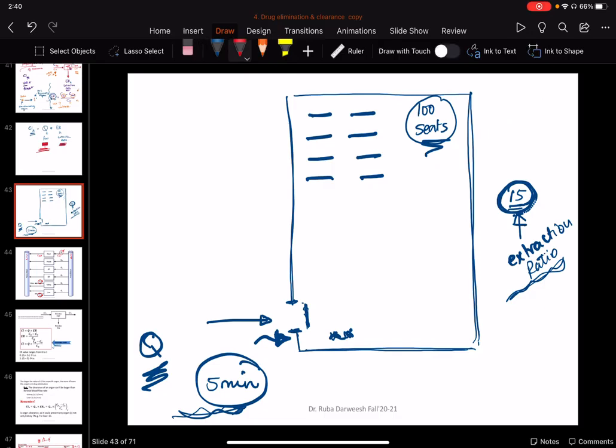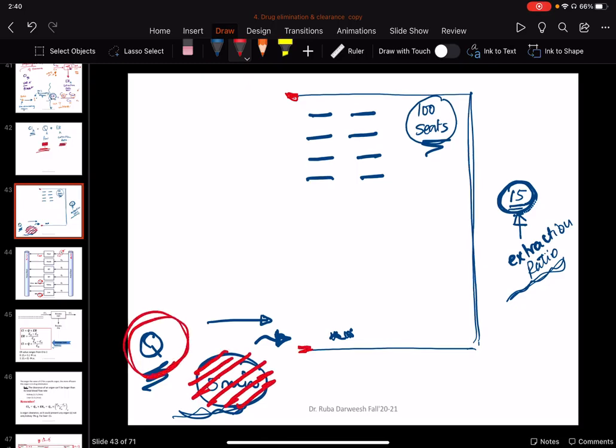But if this whole wall of the class was removed, okay, so it was widely open and we didn't have any restriction of the flow of the students to the room, it means that all 100 seats will be filled.